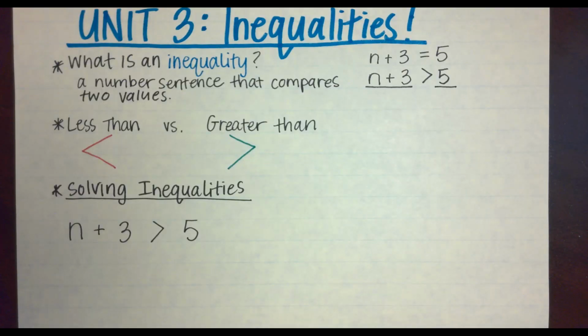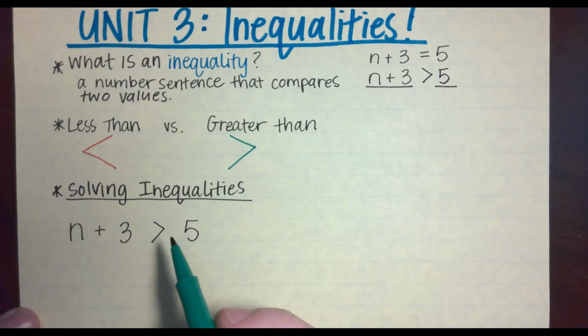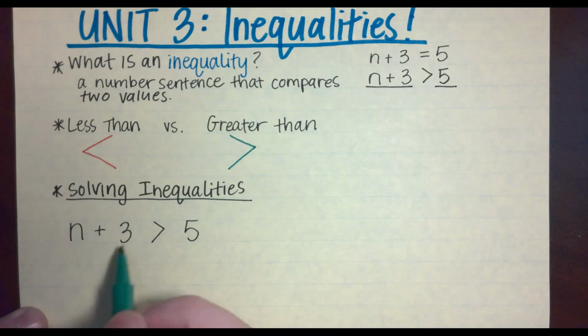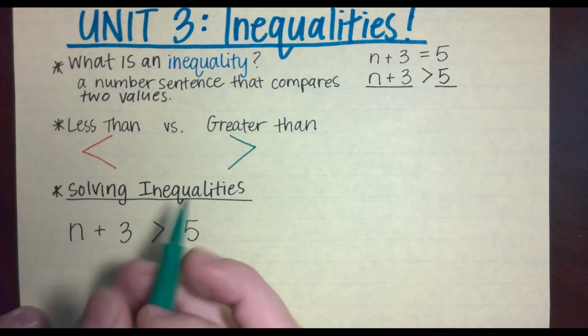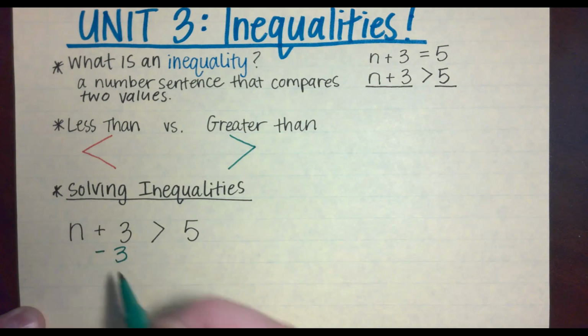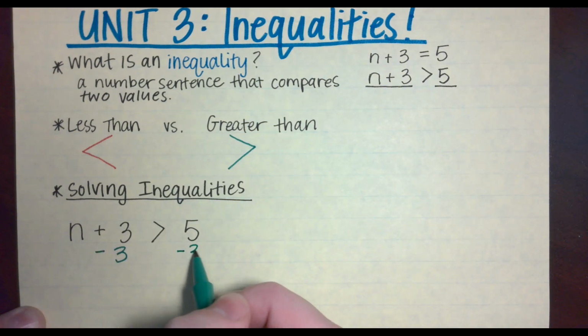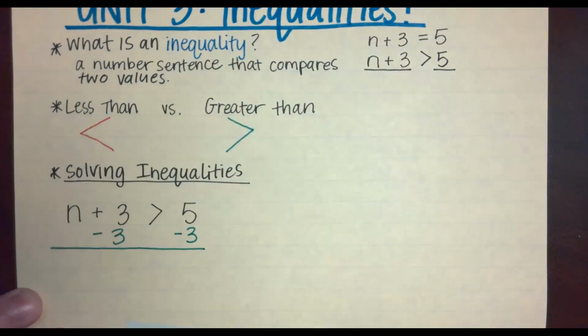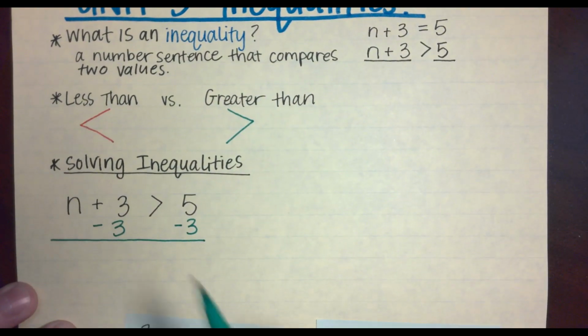Yes. Absolutely. We're going to always be using our inverse operations just like we did before. We want to do the opposite here. Since this is plus 3, we do minus 3 on both sides. All right. What happens to my 3's? They cancel out. A plus 3 and a minus 3 make a 0. And we don't want to write n plus 0.